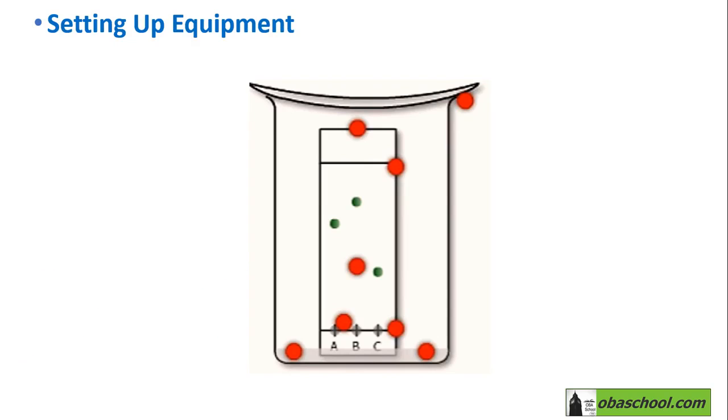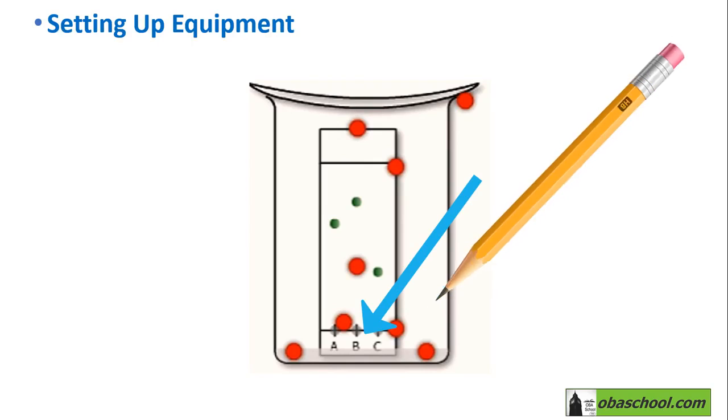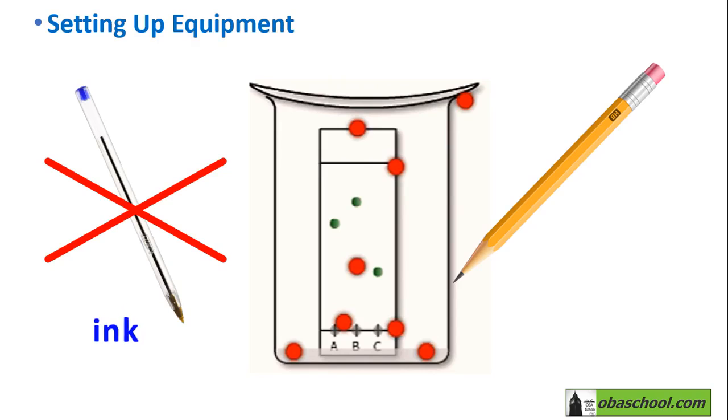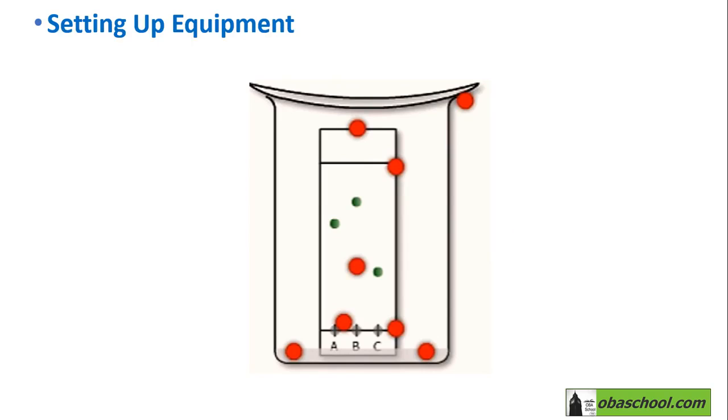Next, if we want to draw the line, we have to draw it in pencil, and you should never use a pen because a pen includes ink and the ink will undergo chromatography. It will separate like any other pigment, so you will not be able to distinguish the components of the spots that you added from that of the ink.